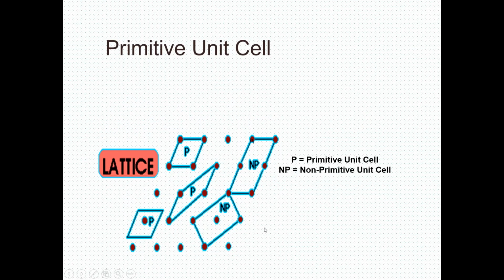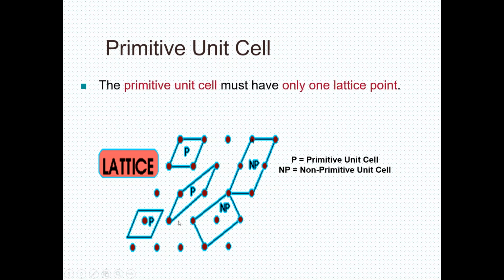So here is another example of primitive unit cell. In this lattice you can see we have primitive cells that we have denoted by P, and non-primitive unit cells that we have denoted by NP. So what is the key difference between the primitive and non-primitive unit cell? Let's find it for ourselves.